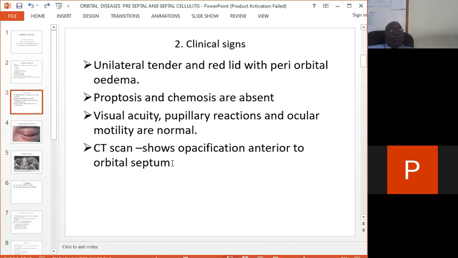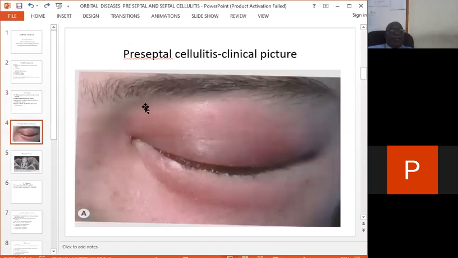CT scan shows the opacification anterior to the orbital septum. Here is a good picture. Preseptal cellulitis, all this lid margin and around there, it's all swollen. But the infection is anterior to the orbital septum. Posterior to the orbital septum is normal.